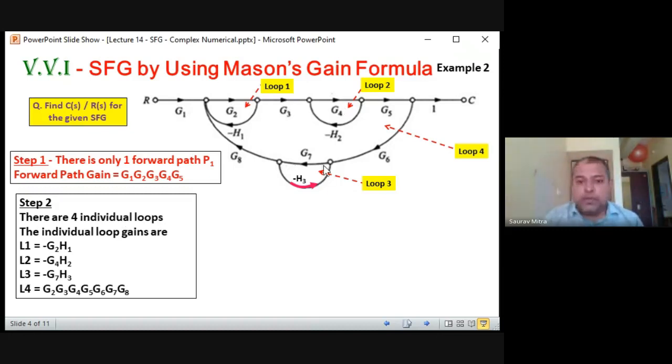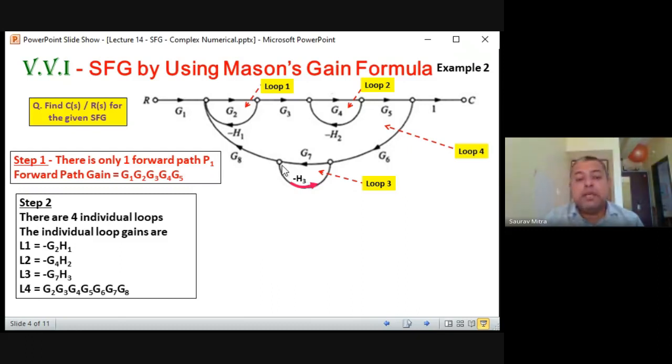Then this is the third loop. In the previous class we had found that in the book the direction of minus H3 was given wrong. Actually H3 is feedback, and in this case the forward path has G7 from right to left, and the feedback path has minus H3. Minus stands for negative feedback, and H3 is the feedback coefficient.